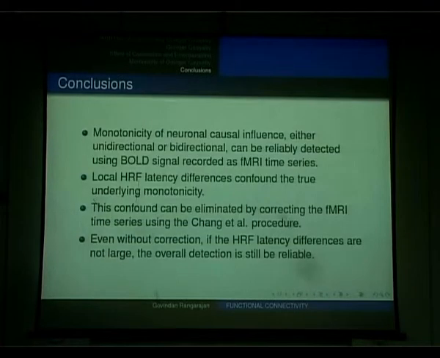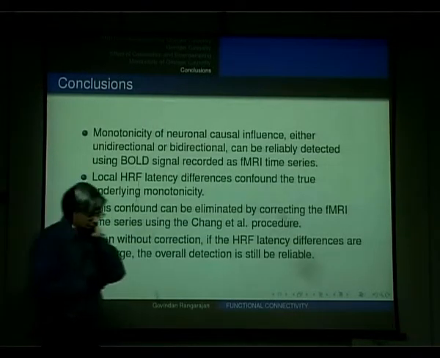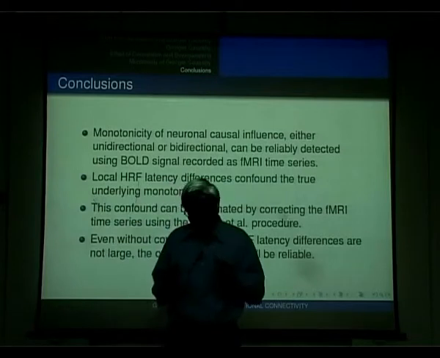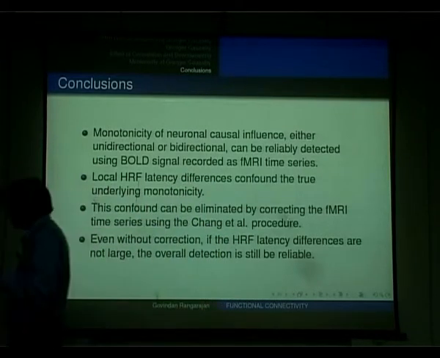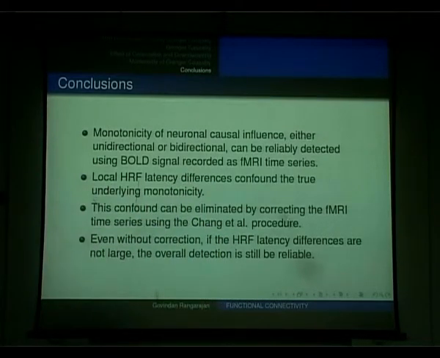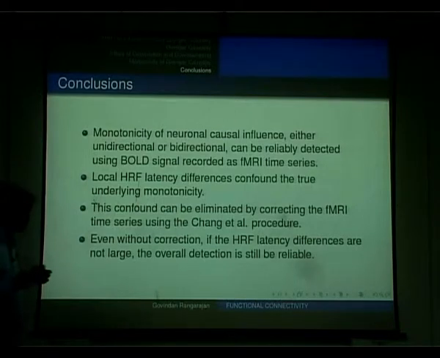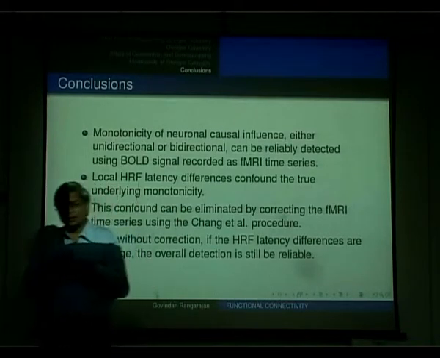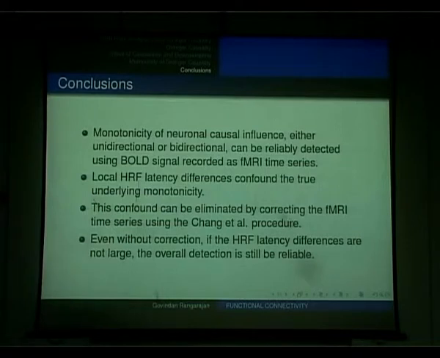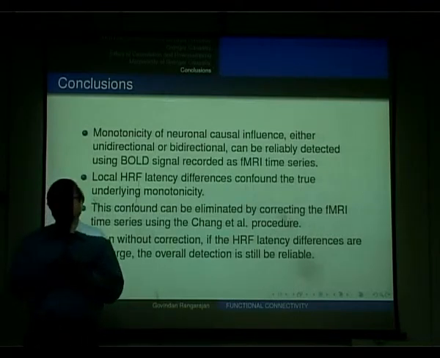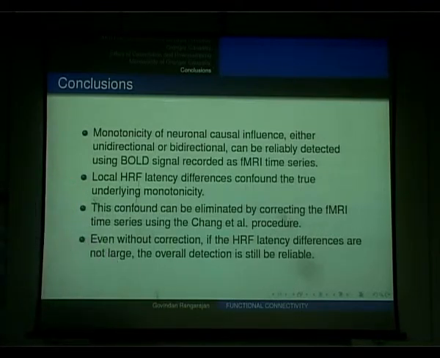Let me conclude by saying that Granger causality is a very well established technique for analysis of connectivity patterns at the neuronal level. But there are issues in applying Granger causality or any other connectivity analysis like cross correlation or correlation analysis at the BOLD fMRI level, because of two issues. One is convolution with the HRF function, and the other is the downsampling that you do in going from the neuronal level signal to the fMRI signal.